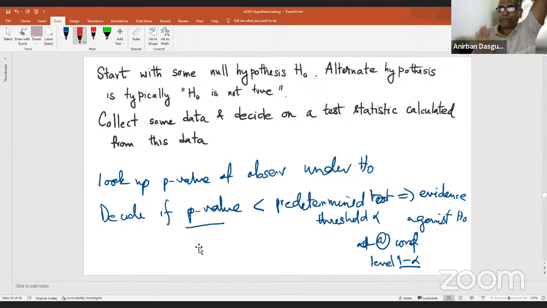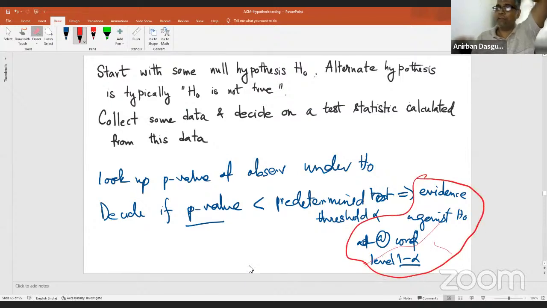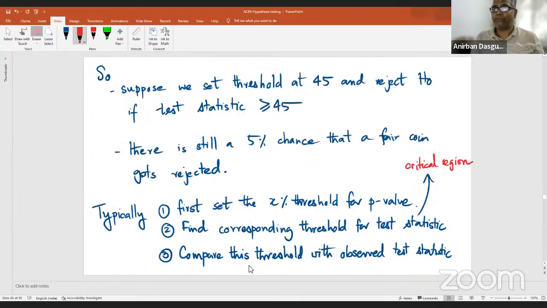You predetermine the threshold, then calculate the p-value of the observation under H0. Decide if the p-value is less than this threshold, and if it is, then it is evidence against H0 at confidence level 1 minus alpha. This is the kind of final statement you make: at confidence level 1 minus alpha, I have evidence against H0. We need to specify the confidence level.